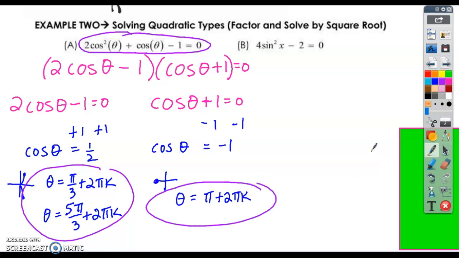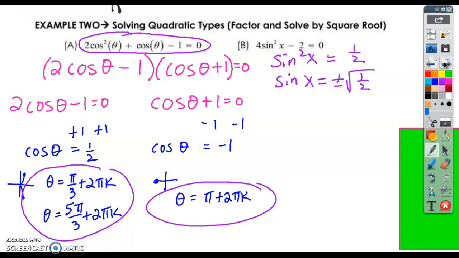Let's go to B. Let's go ahead and solve this. If I add 2 and then divide by 4, I get sine squared of x equals 1/2, right? If I take the square root of both sides, I'm going to end up with plus or minus, so sine of x equals plus or minus the square root of 1/2. Now I'm going to have to simplify that.